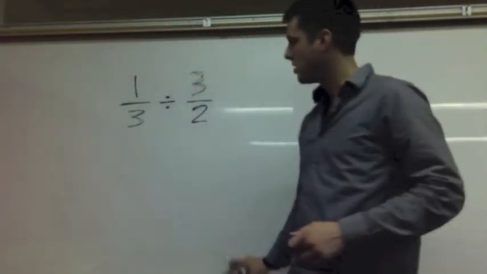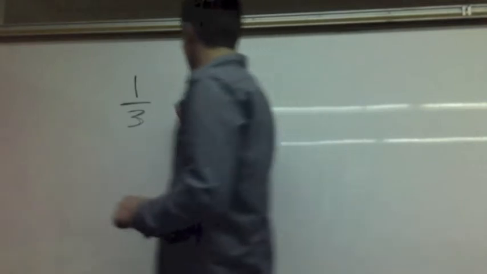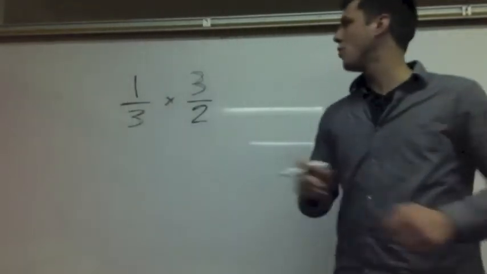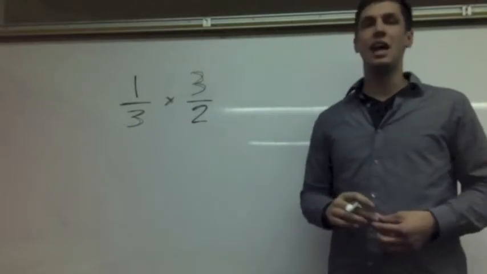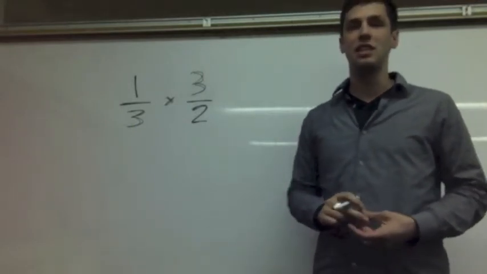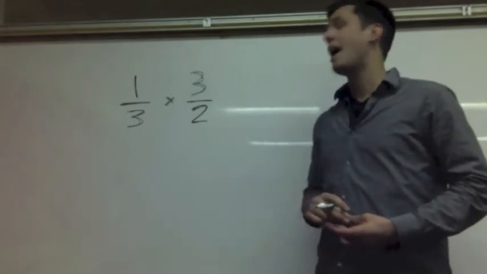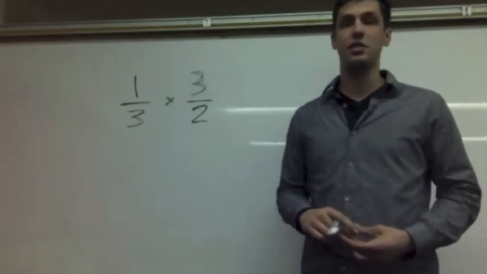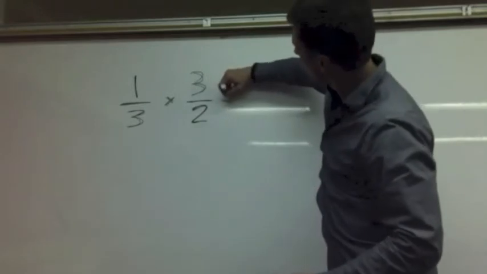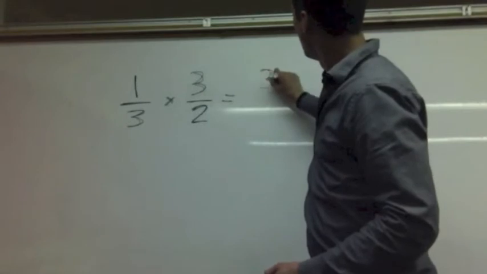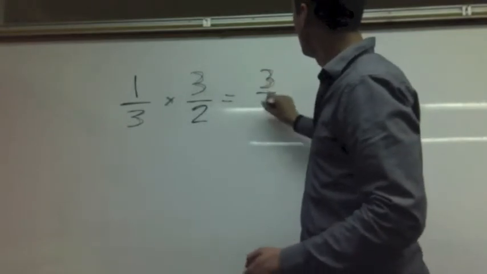And you change the sign so that it's a times problem, like we were doing before. So now we have 1/3 times 3/2. This is the exact same problem as 1/3 divided by 2/3, what we had originally. Multiplying this, you will get 3 over 6.